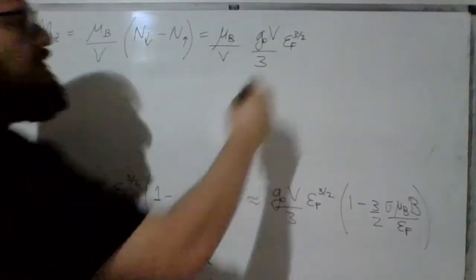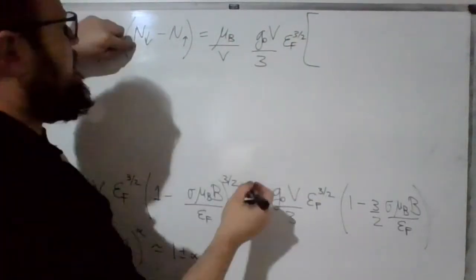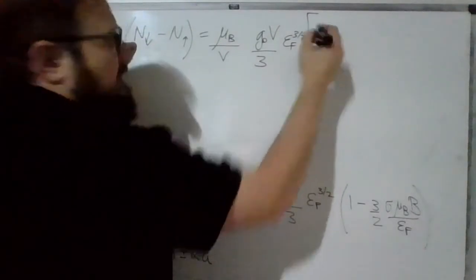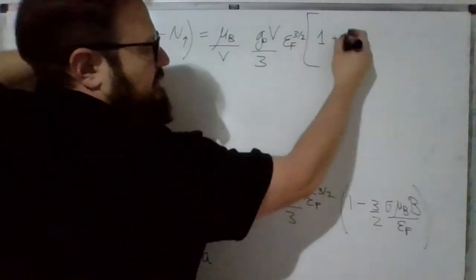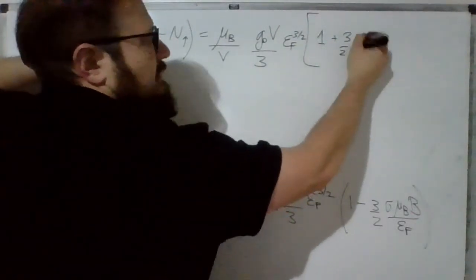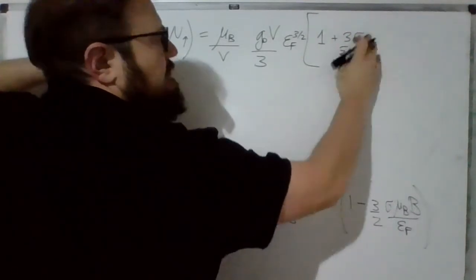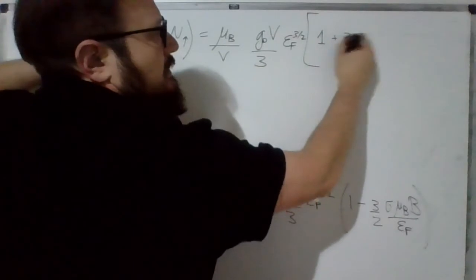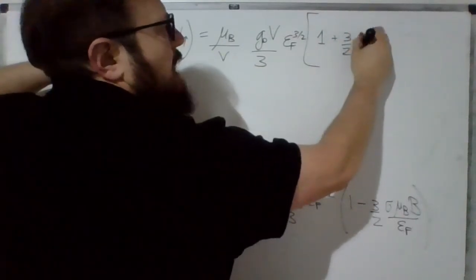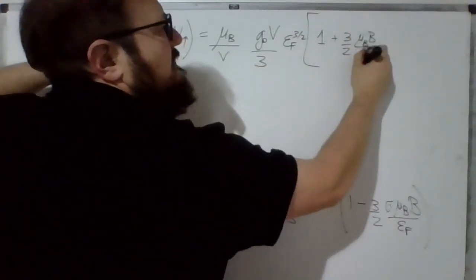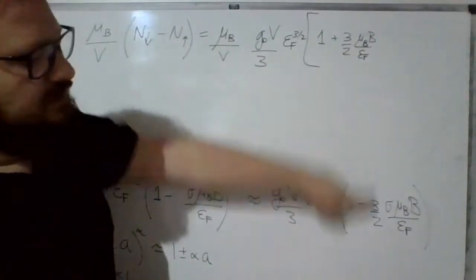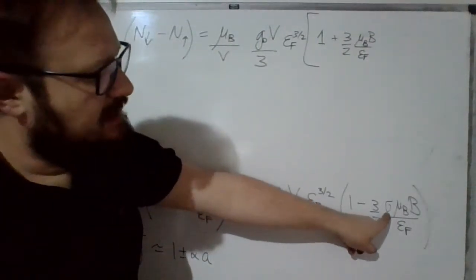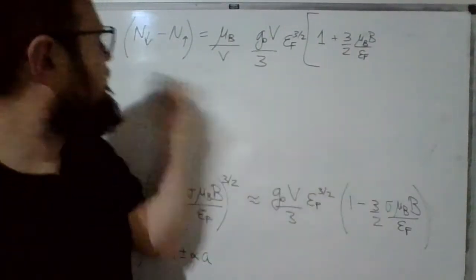Okay. So we have now for the down spin, 1 plus 3 halves of sigma, the Bohr Magneton. Sigma is plus 1, so plus 3 halves of the Bohr Magneton times B divided by the Fermi energy. Okay, this is for the minus here for the down spins.